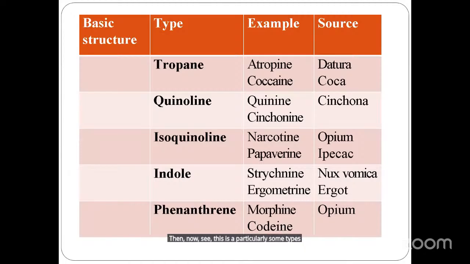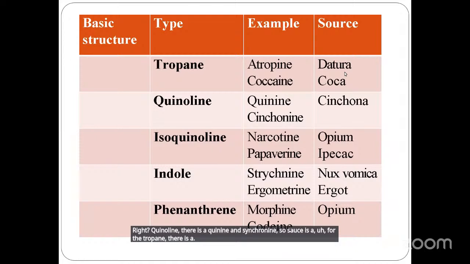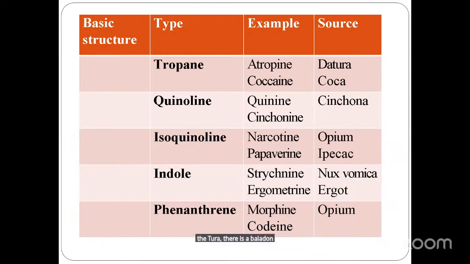Now see, there are particular types. There is tropane, the basic structure. There is atropine and cocaine, and a tropane ring is there. Quinoline has quinine and cinchonine. The source for tropane is datura and belladonna. For cocaine, Erythroxylum coca; atropa belladonna; quinoline, quinine, cinchona alkaloid.